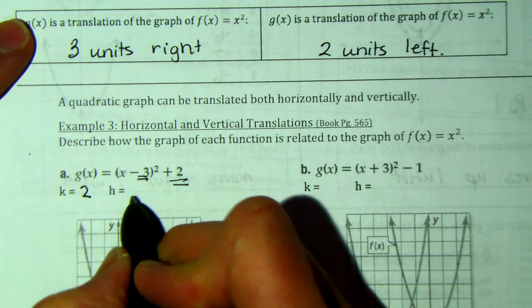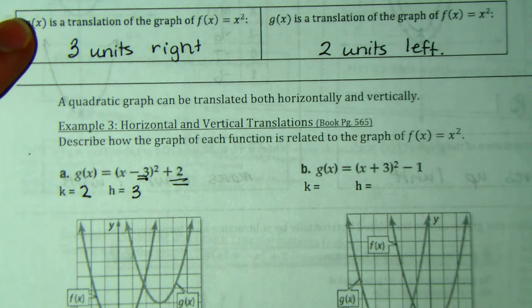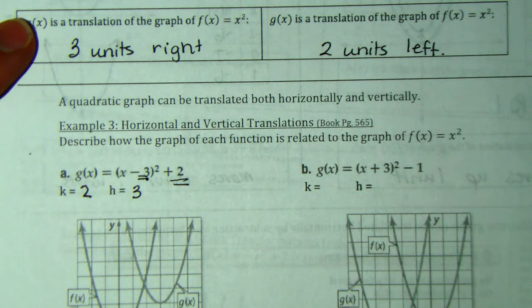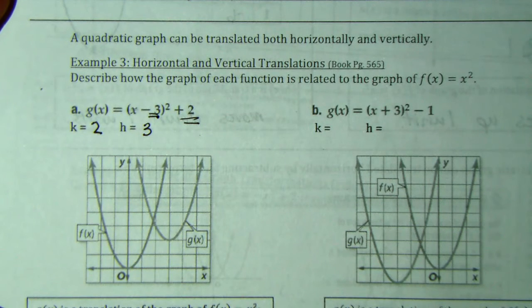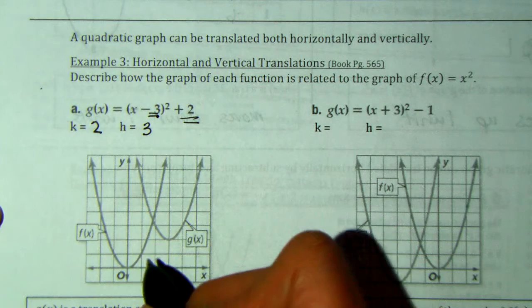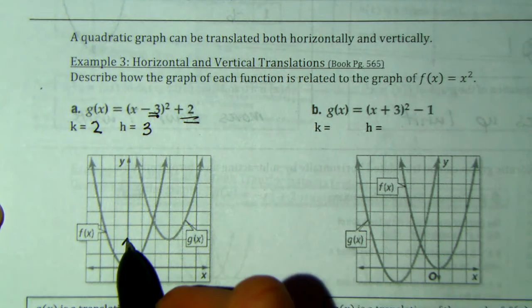So take a look at what happens to the parent function here. We could probably guess if k is up 2, that's going to go up 2, and h is going to go to the right 3. But check this out. What's my vertex?